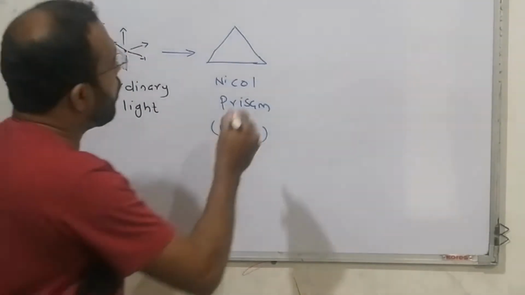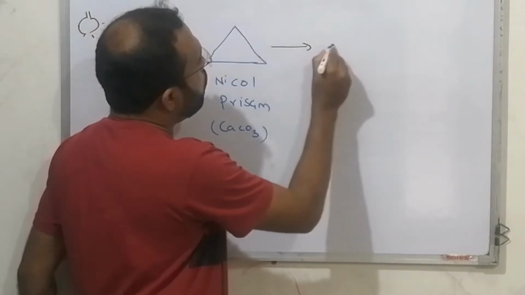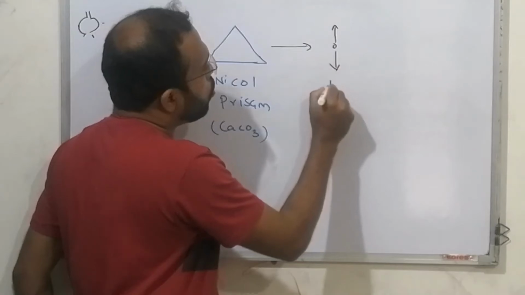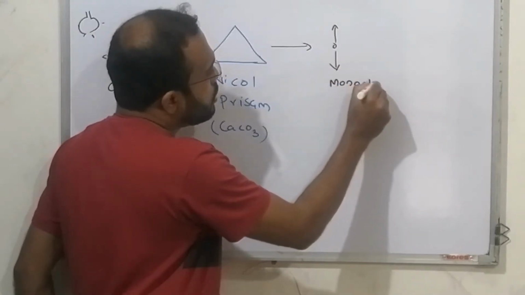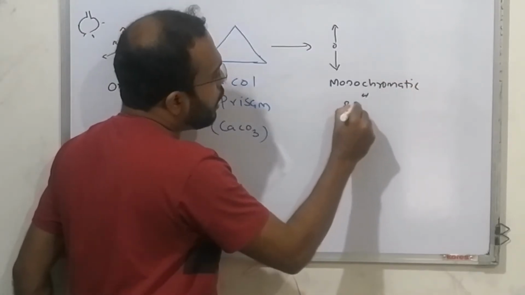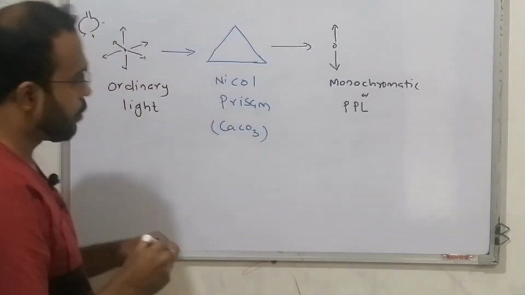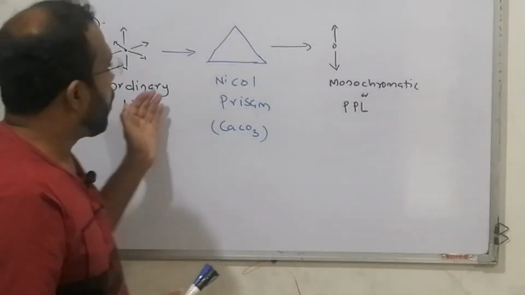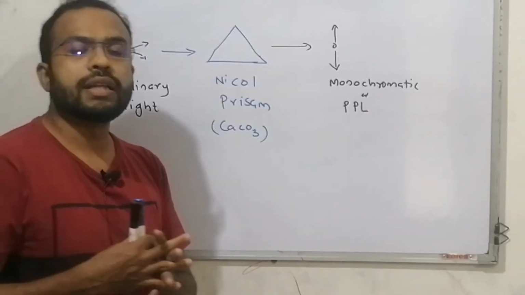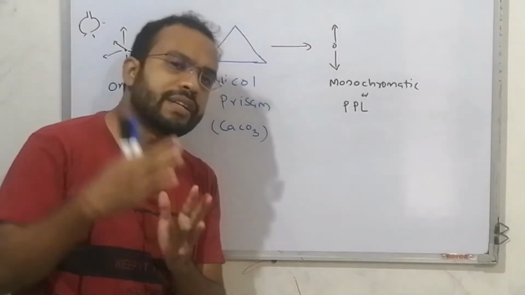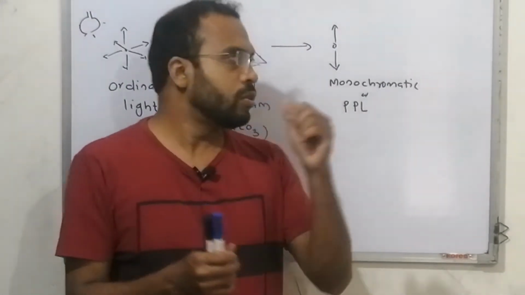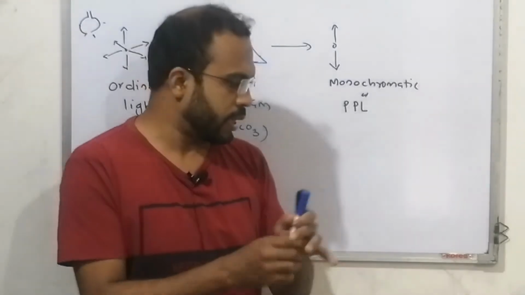Your ordinary light becomes monochromatic, same wavelength, same direction, monochromatic or plane polarized light. After passing through a Nicol prism, it propagates only in one direction.